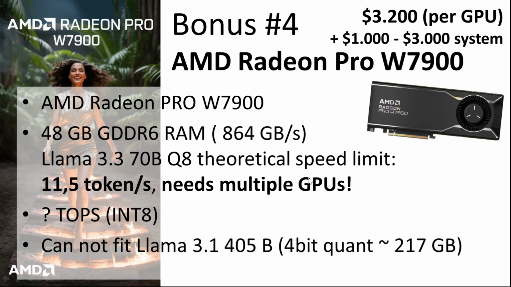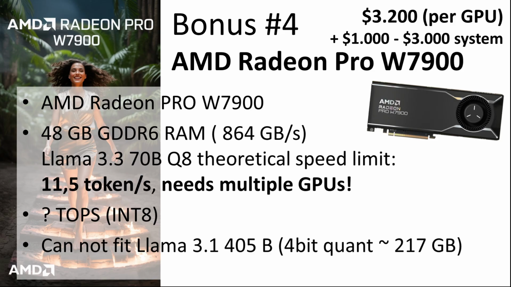And now we have the fourth bonus, which is the AMD Radeon Pro W7900. Roughly per GPU, you would come in at $3,200. So this is the high-end comparison compared to the RTX 6000. And it has 48 gigabytes of GDDR6 RAM at 864 gigabytes per second of throughput.